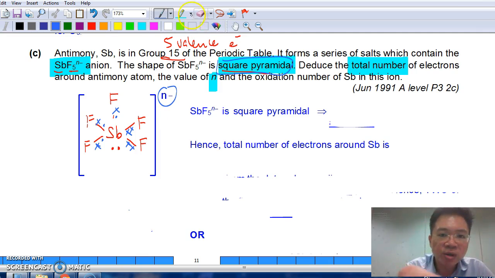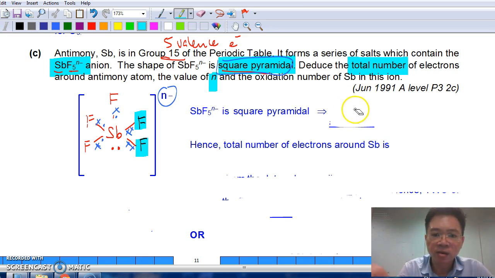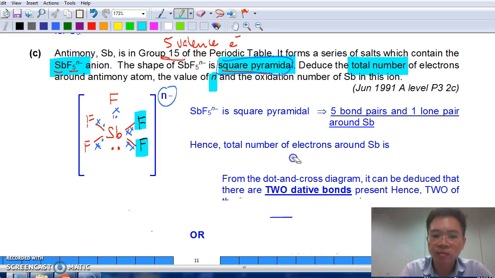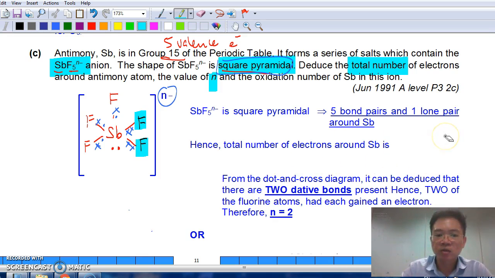So 2 of the fluorines have the additional electrons. That means your N must have a charge of -2. So N is 2.